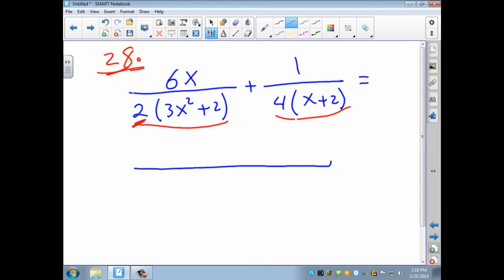First, with the constant outside, between 2 and 4, the least common would be 4. Then, between 3h squared plus 2 and h plus 2, there is nothing really in common, so you have to write it as is. 3h squared plus 2 multiplied by h plus 2.